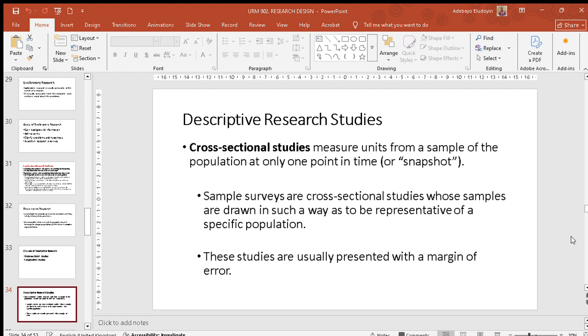For example, somebody wants to study the universities in Nigeria, and then you take a snapshot of Obafemi Awolowo University, a kind of case study analysis. If you're doing that, or then you pick it at a particular time and compare it with another one, you have a kind of cross-sectional study.